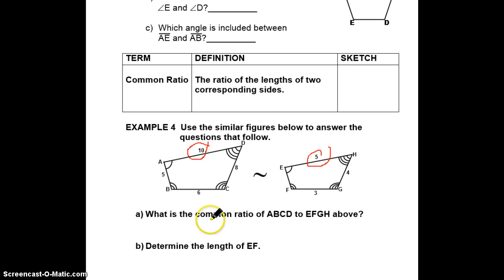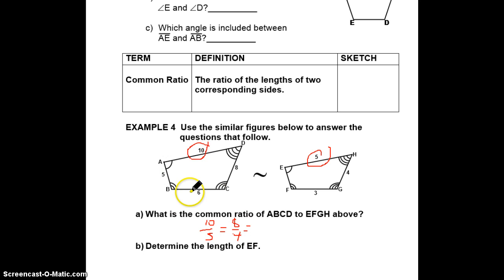These are simple numbers. It's not meant to make it complicated, but we will take it a little bit further in class tomorrow. So we've got 10 over 5. Okay, and notice I can use any of them as long as they correspond. So we've got 8 over 4 if I use this side.